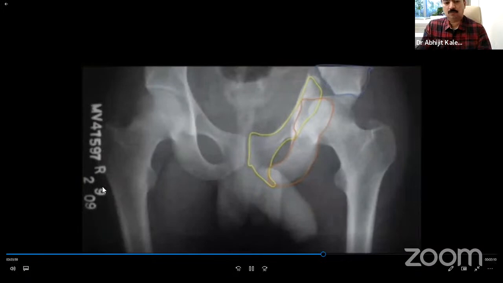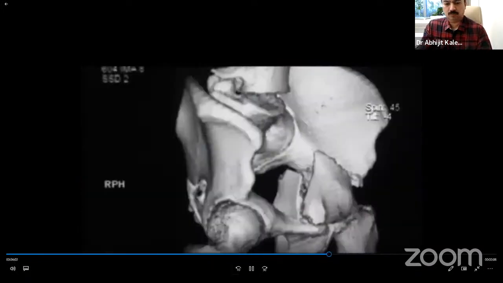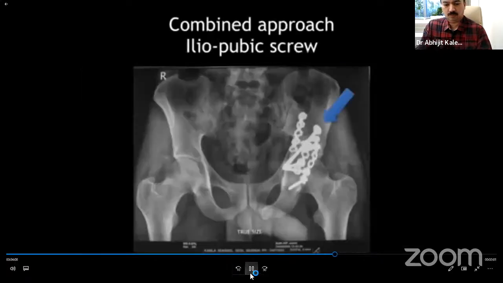An example of T-shaped fracture where the head appears to be displaced centrally, treated by combined anterior and posterior approaches, with a congruent joint in all three views.